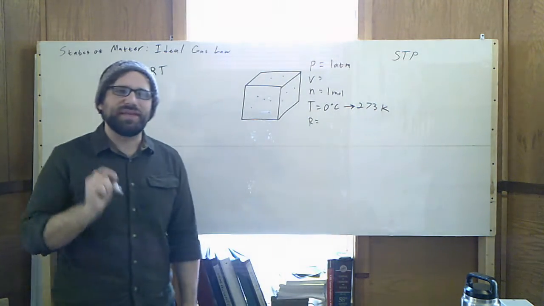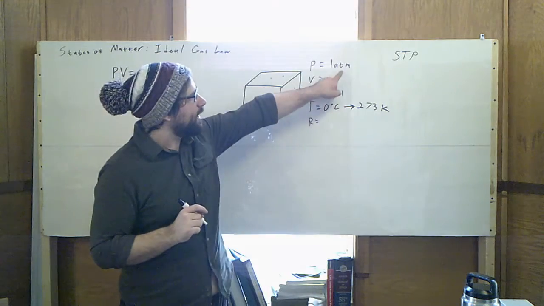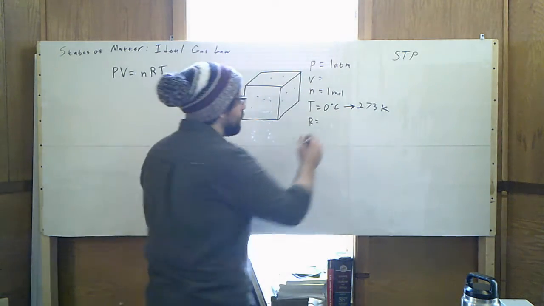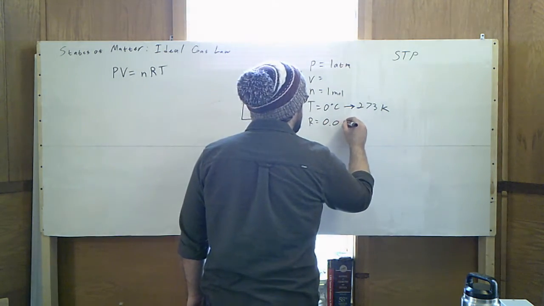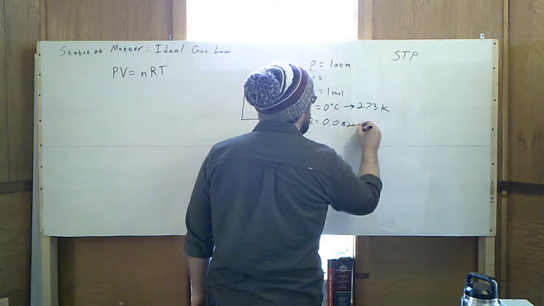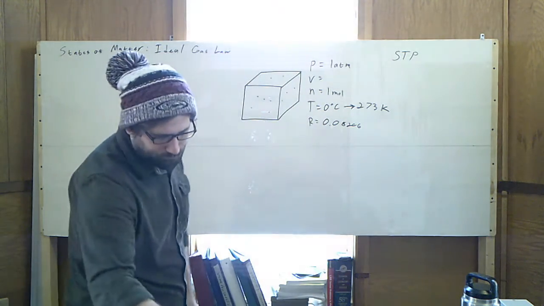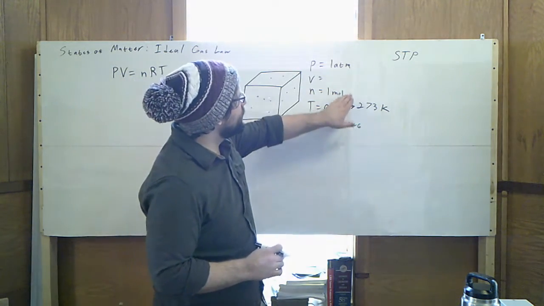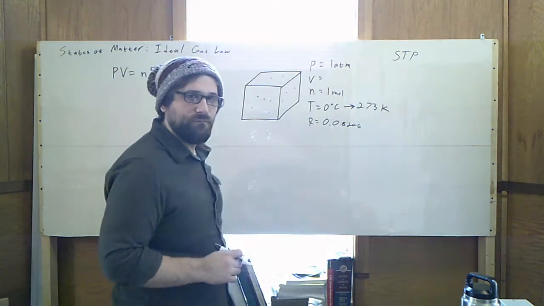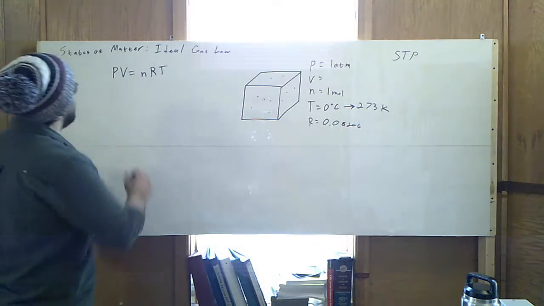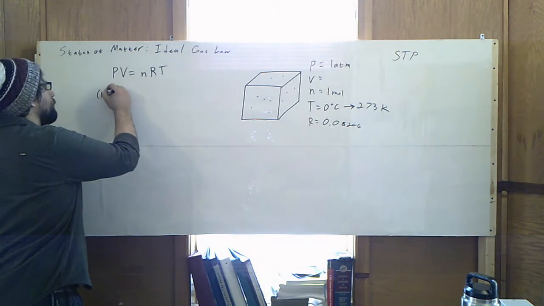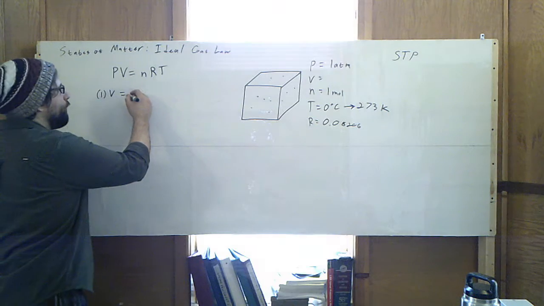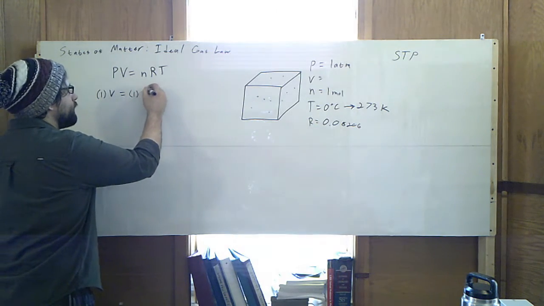So how much volume, how many liters is 1 mole at STP? First thing, convert Celsius into Kelvin. 0 degrees Celsius plus 273 is going to be 273 Kelvin. Then what is the value of the gas constant when we're using atmospheres? It's going to be 0.08206. And then we're going to plug our numbers into our equation and find volume. So pressure is just going to be a 1. Number of moles is going to be a 1.